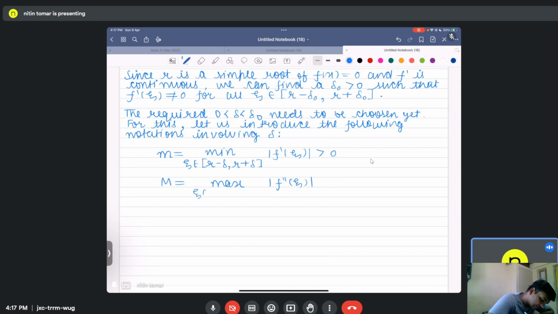And the same logic works for the maximum, capital M. This will also be strictly greater than 0.